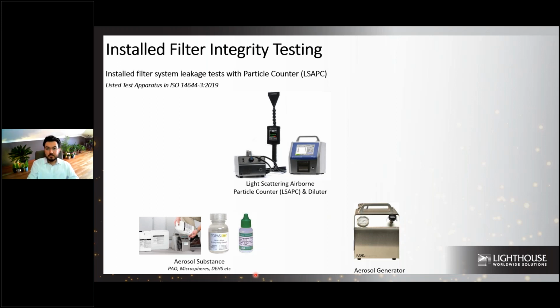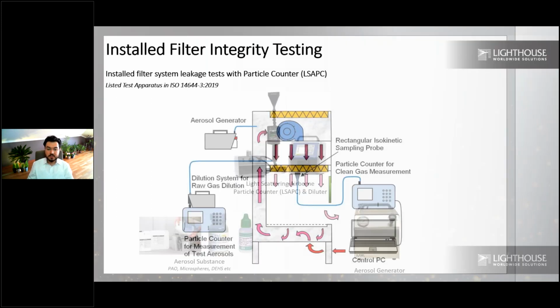It can count any particles, any substances, can be used as an aerosol challenge. And we have aerosol generators specific for this application. You can use the existing ones, but it has to be at a very low concentration. But the small micro and nano aerosol generators are smaller in size and easy to use with this system.